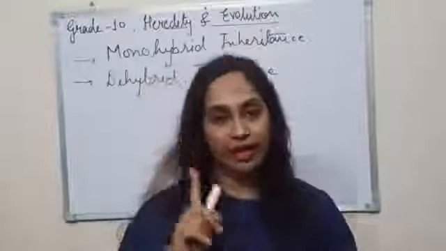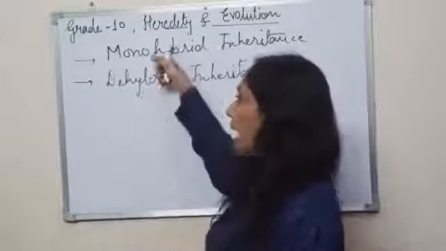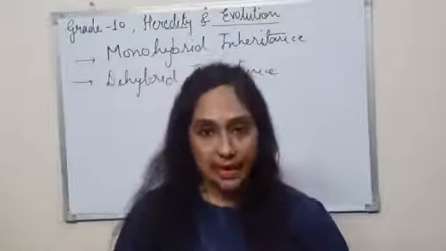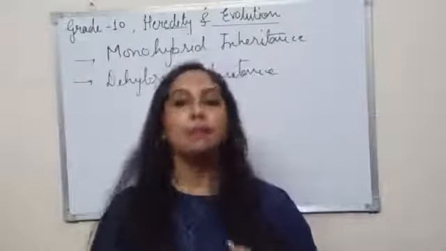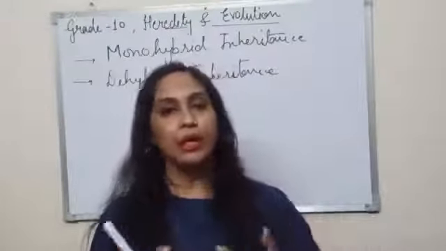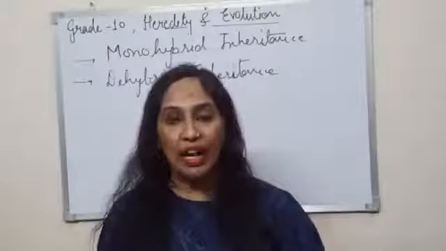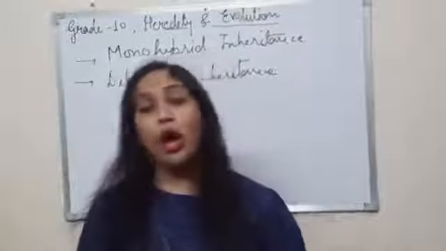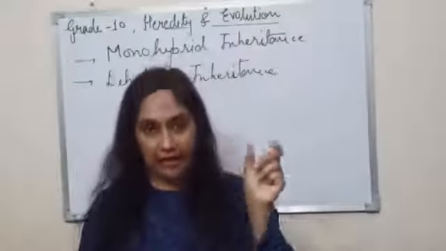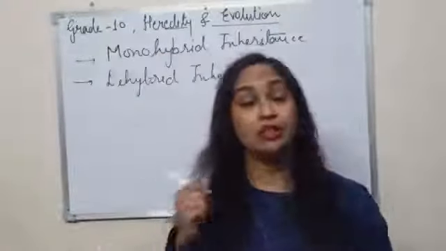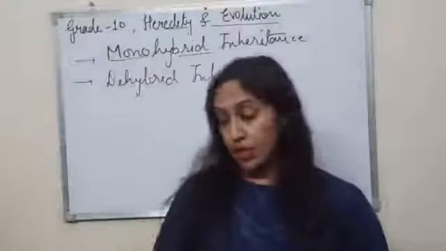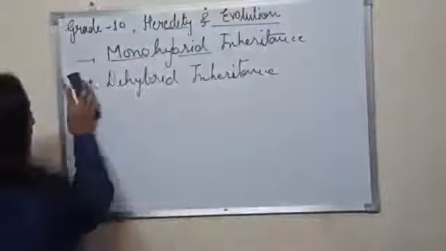For example, the length of the stem, color of the flower, or pattern of the seed: is it round or wrinkled, is the flower purple or white, is the stem of the pea plant tall or short. When the cross is done on the basis of this single trait, it is called a monohybrid cross. So let's study this monohybrid cross in detail.